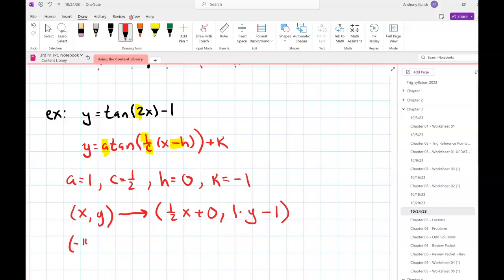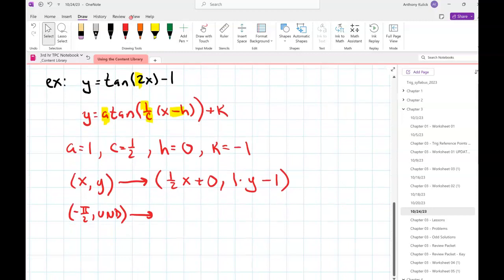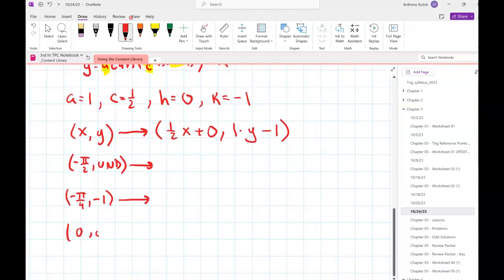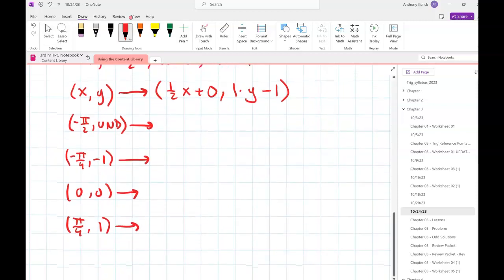And then I'm going to take those key points from my reference sheet. Again, I'm just pulling these from that reference points sheet. You would look these up or have them provided to you.